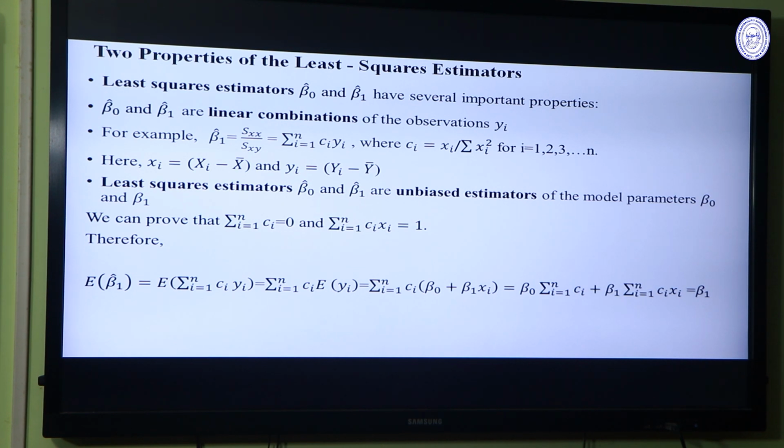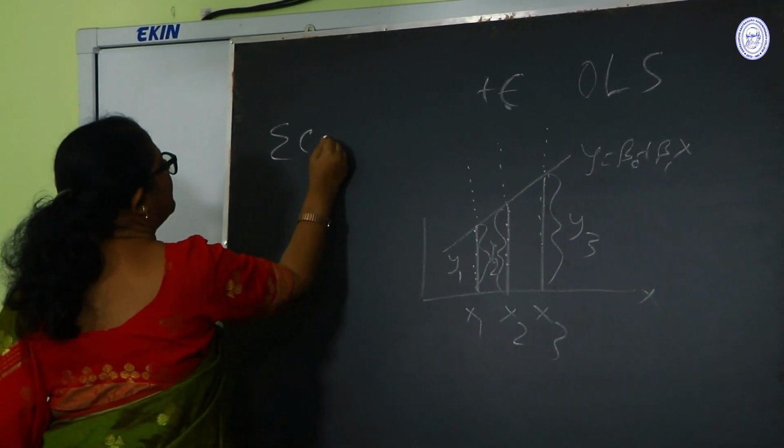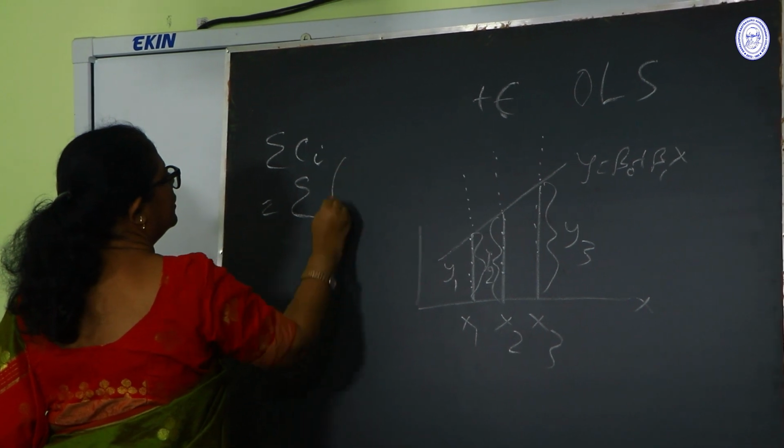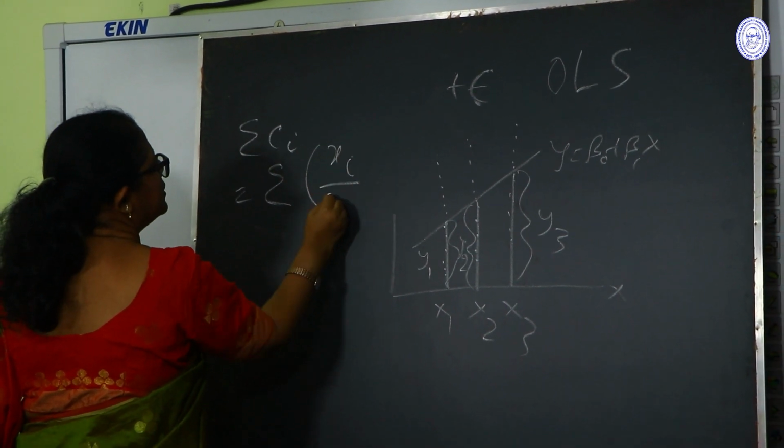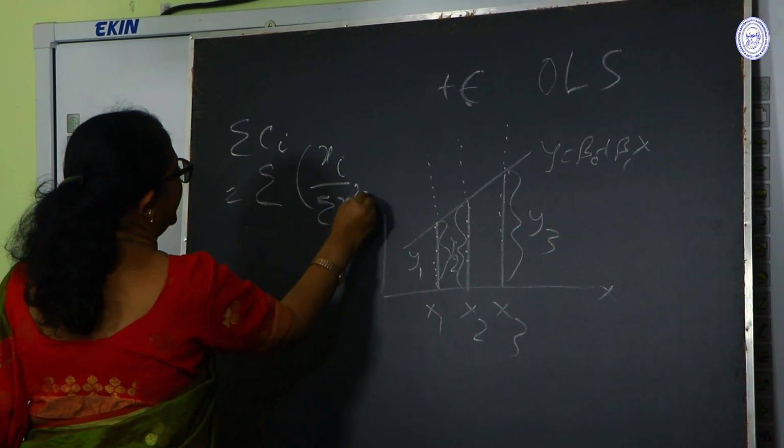That will be equal to 0, because summation Ci means summation xi divided by summation xi square.